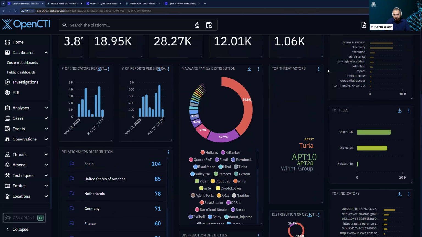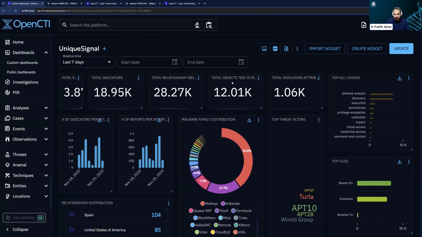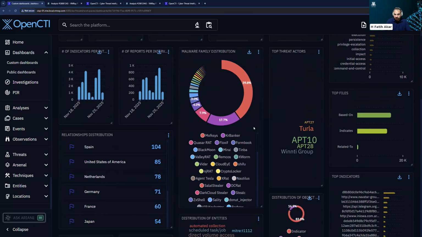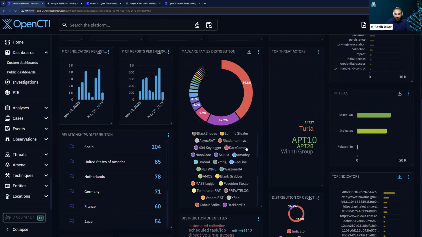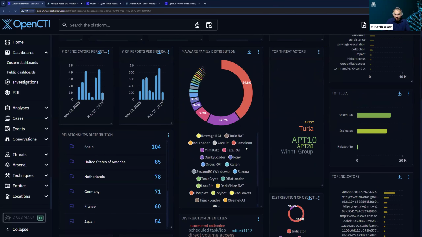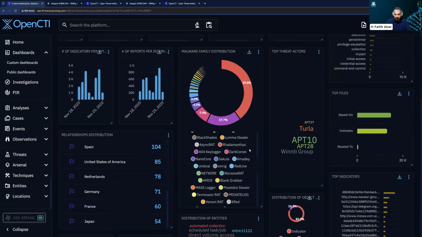And we not only give that level of enrichment at the indicator level, but we also know more than 60% of the time what malware family this indicator is classified with, right? So we are able to analyze many different types of malware families, and in the last week alone, we've shipped more than 70 different malware families.